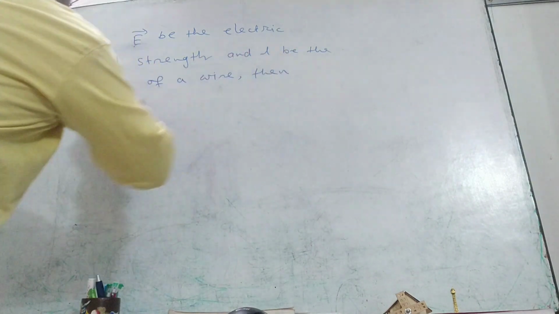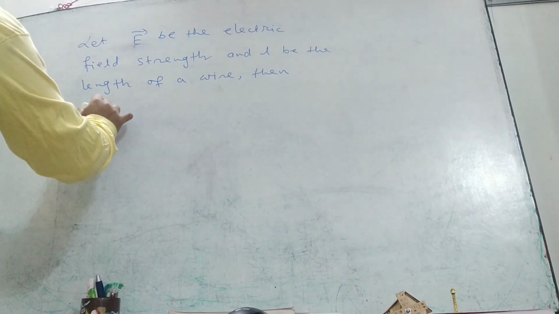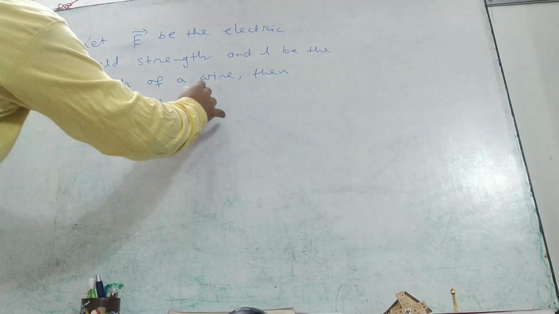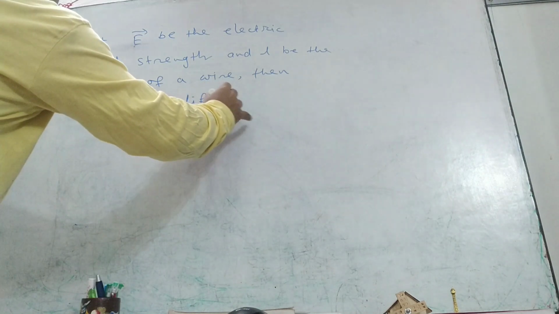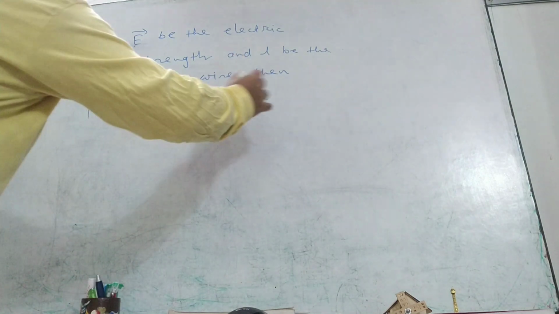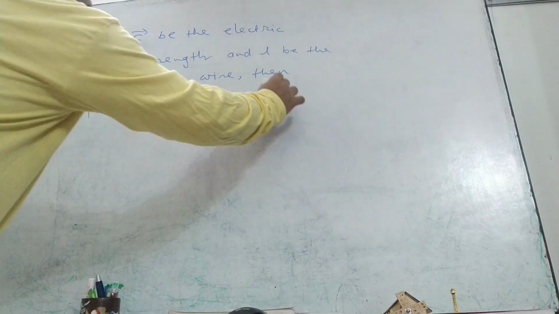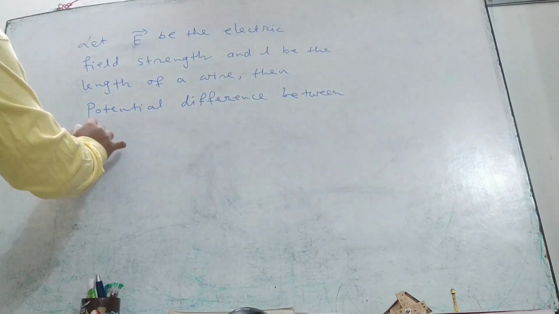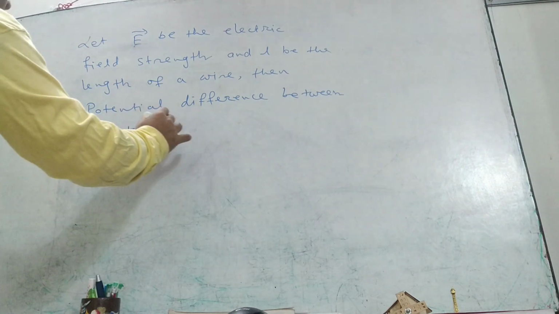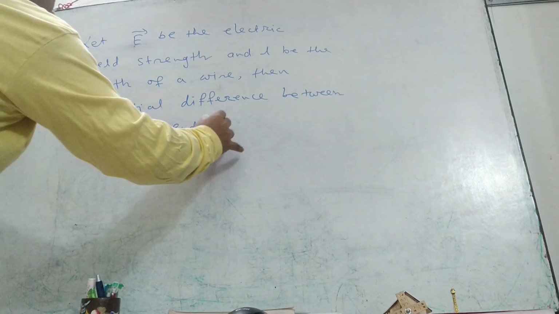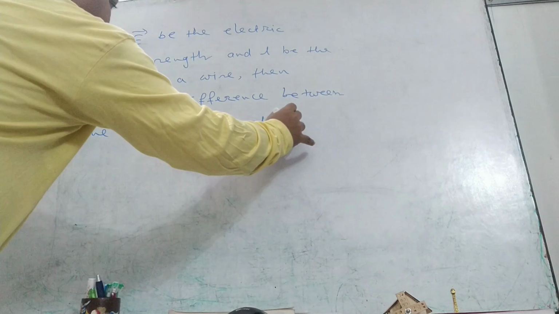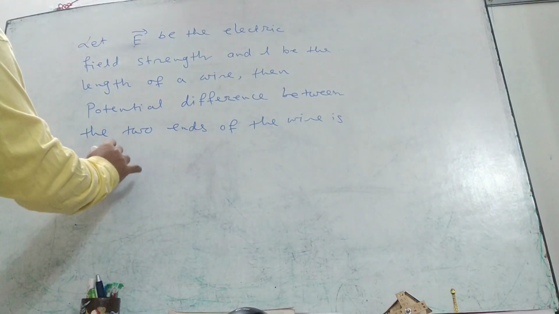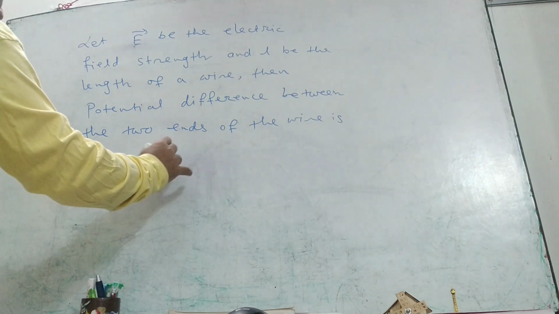Then the potential difference between the two ends of the wire is V is equal to E into L.